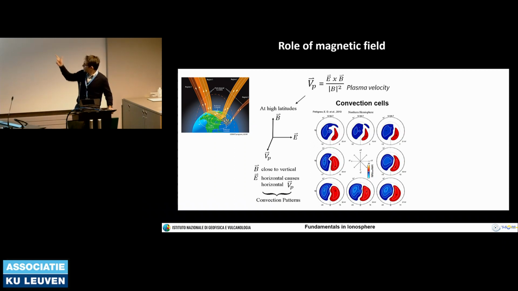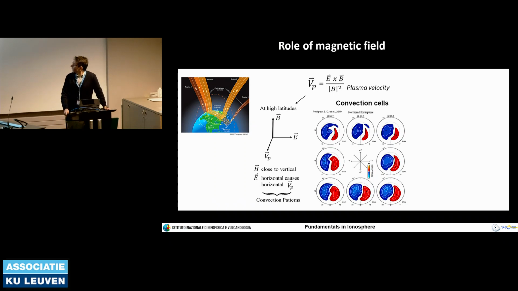In particular, you may see here the convection cells that are responsible for the electric fields in the high latitude ionosphere. You may see different configurations of these convection cells depending on the relative balance between the Y and Z components of the interplanetary magnetic field.